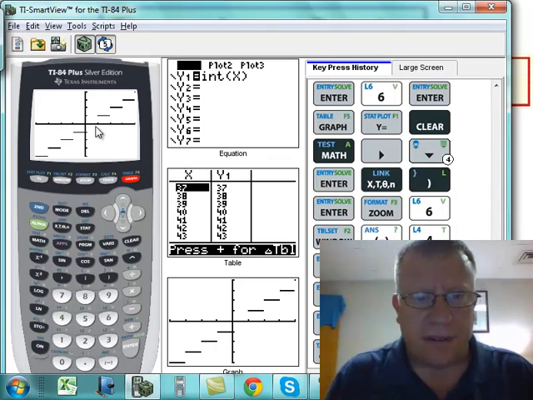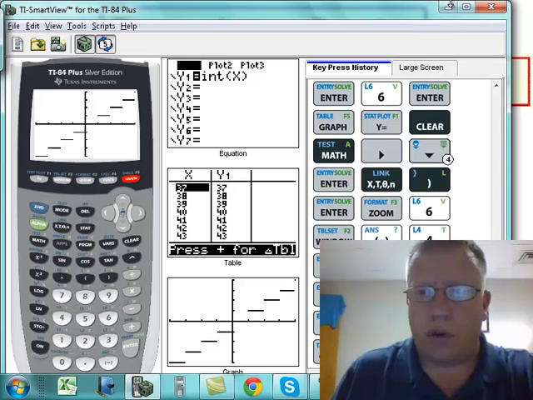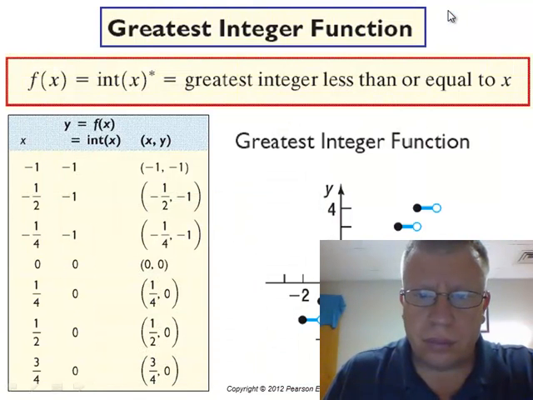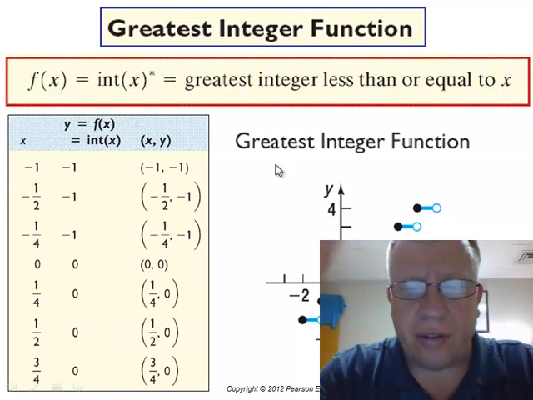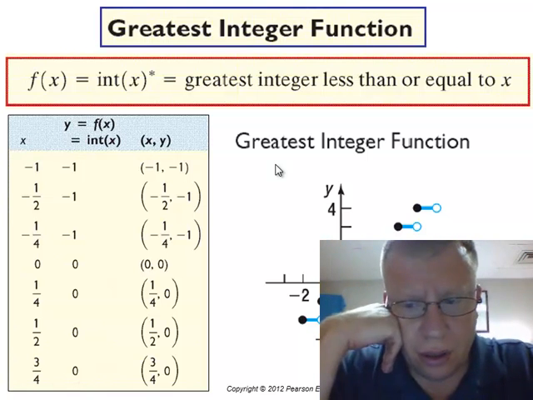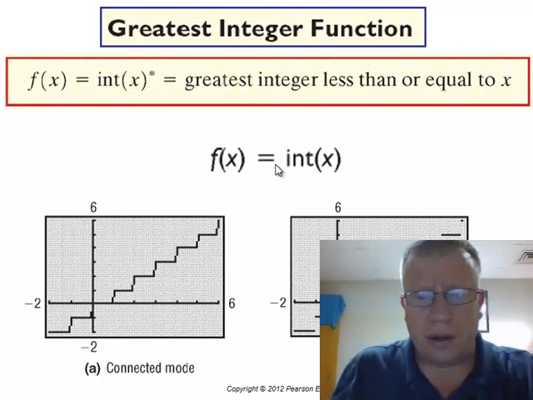Otherwise, here's a good graph of that integer function, greatest integer function, otherwise known as the floor function. All right, so become familiar with the greatest integer function. Know how to use it. All right, there's another graph of it.